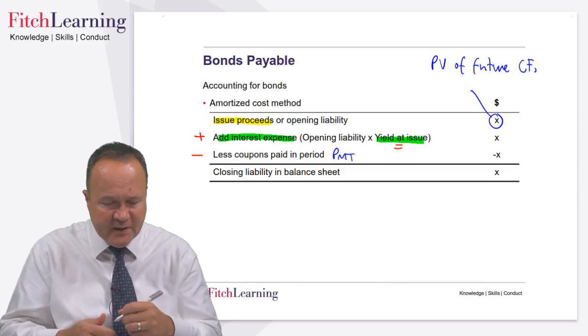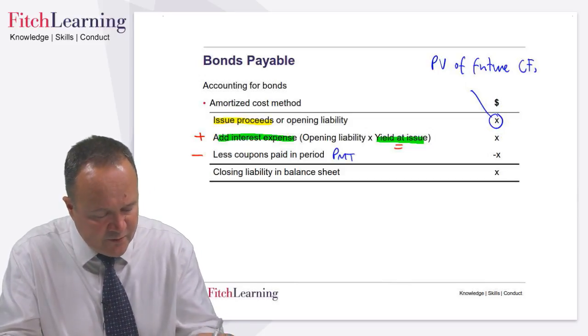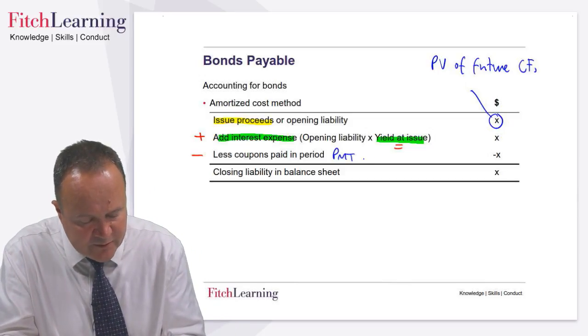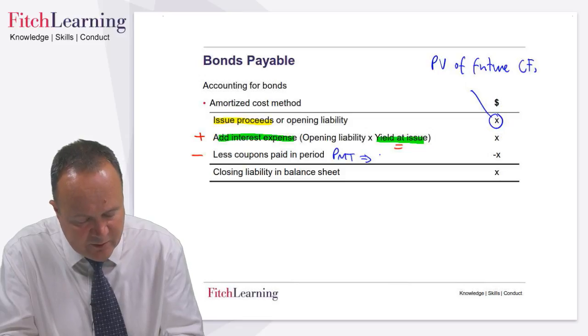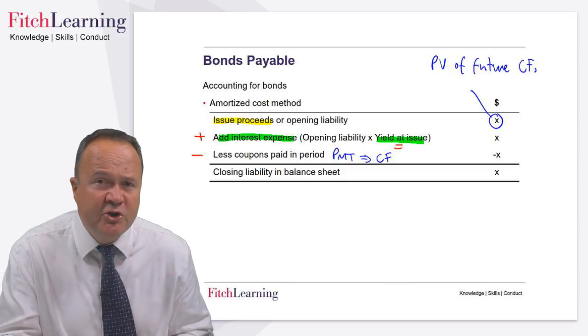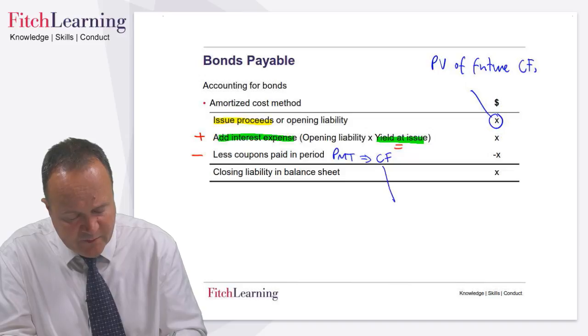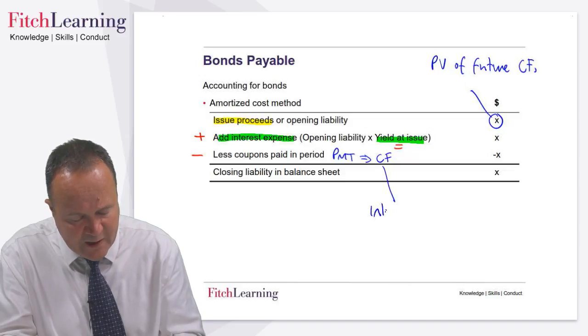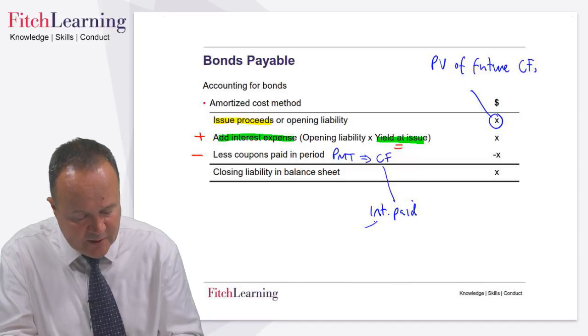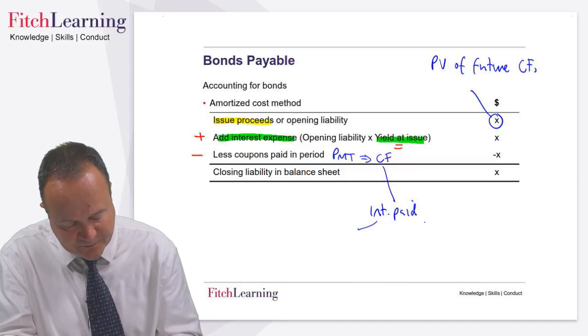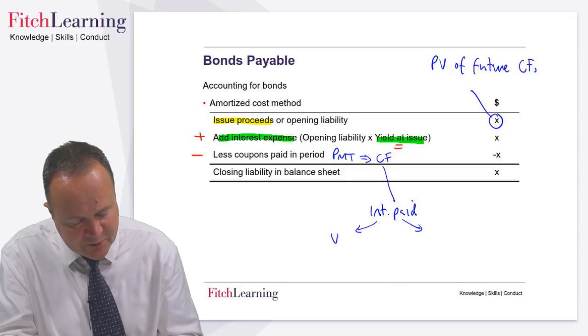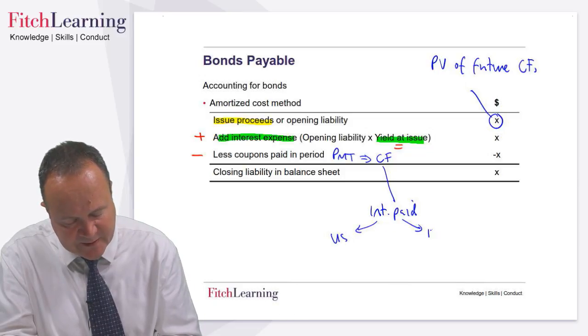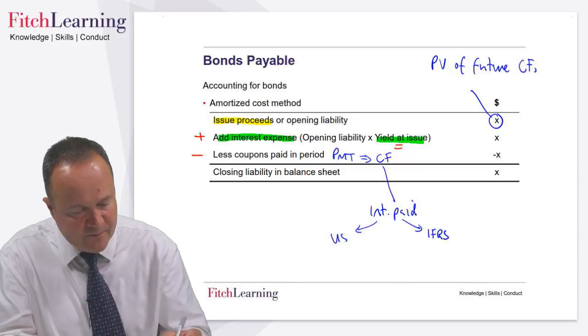All right. Now the coupons, the payment, obviously this is a cash flow, so we should be familiar with where this cash flow goes. Interest paid, as a quick recap, you may recall there's a difference between US GAAP and IFRS.